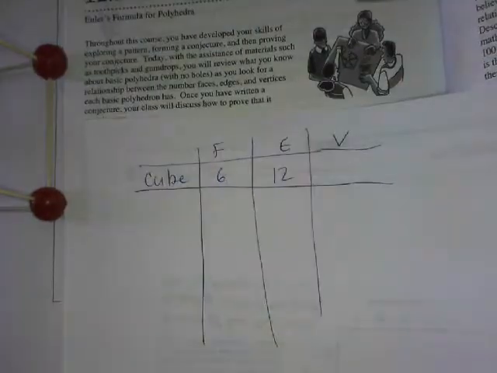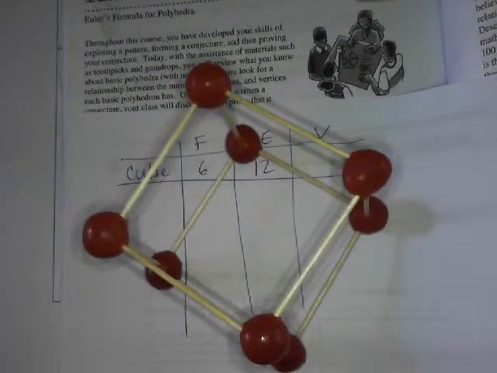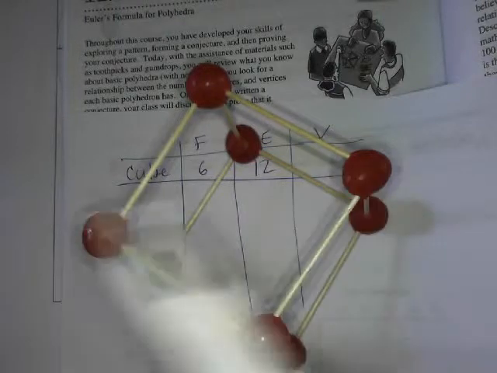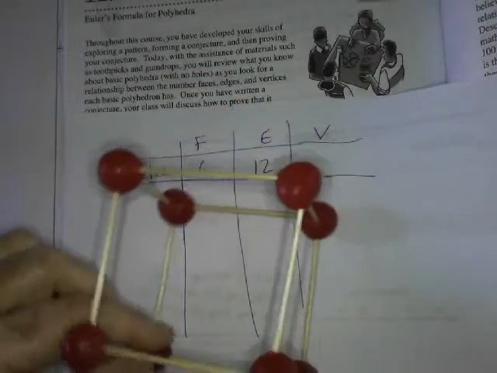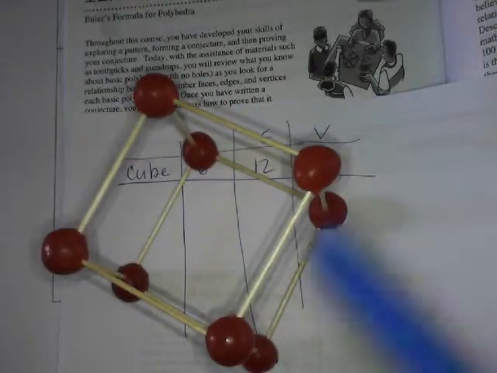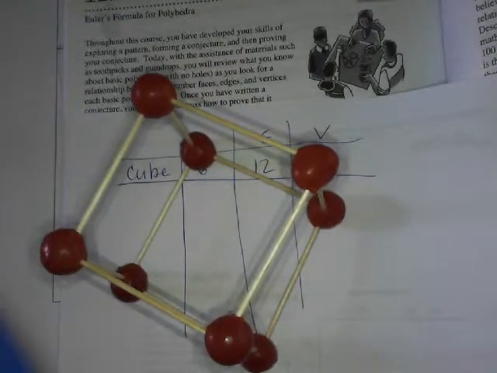So the toothpicks are the edges. If I couldn't count them, I could just take this thing apart and lay out the toothpicks and count how many, and that would give me the edges. How many vertices? Well, I have a cherry ball at each vertex, so 2, 3, 4, 5, 8.